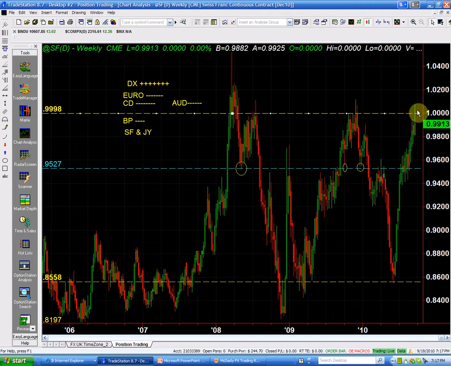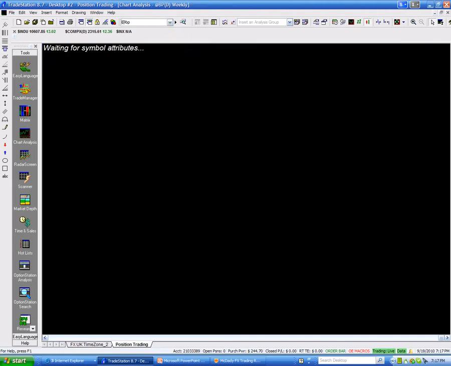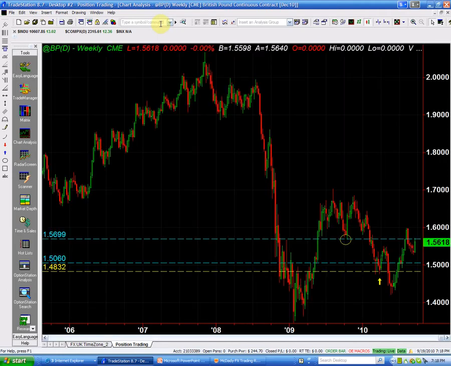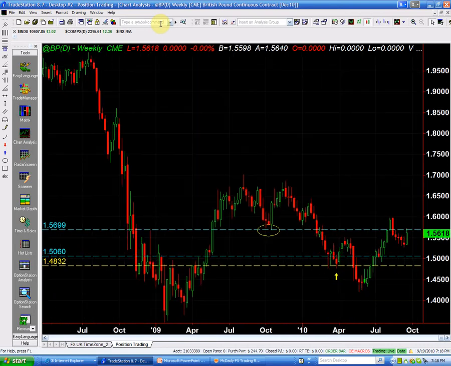Then let's go and see the British pound. Again, this is the index for the pound. This is the weekly chart. The pound, we have a structural point at 156.99 or 157, doesn't matter, and we tried to trade above that.